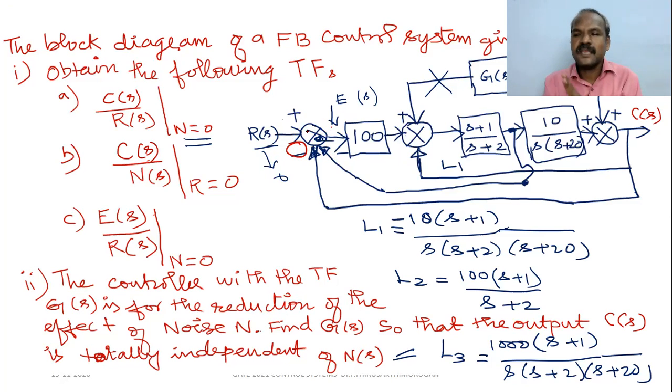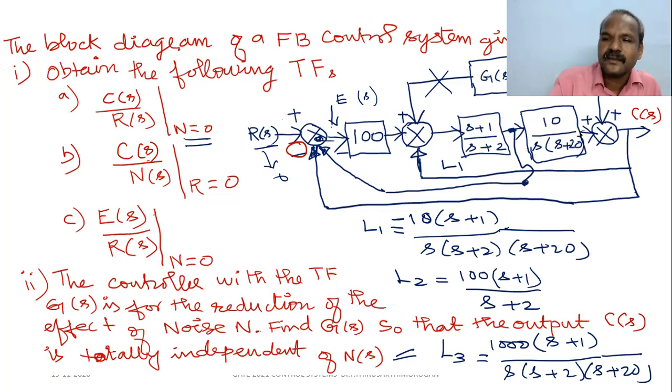So there are only two forward paths, starting from N to C of S. This is one forward path, and another forward path is this one, from here goes here and reaches C of S. So P1 equal to 1.